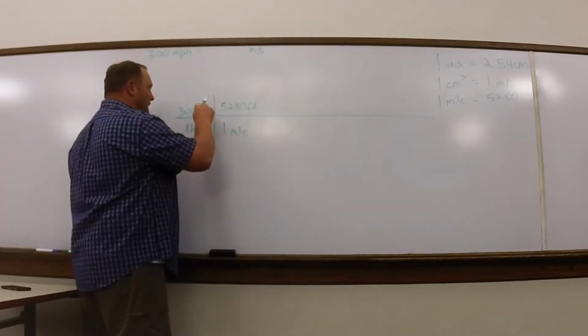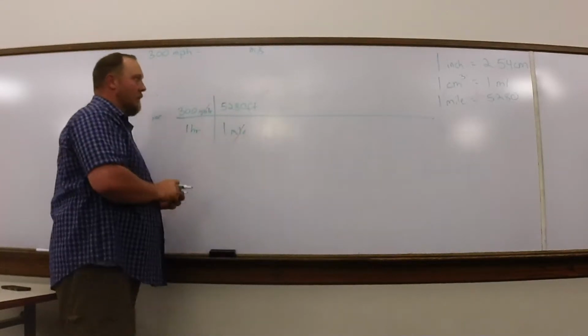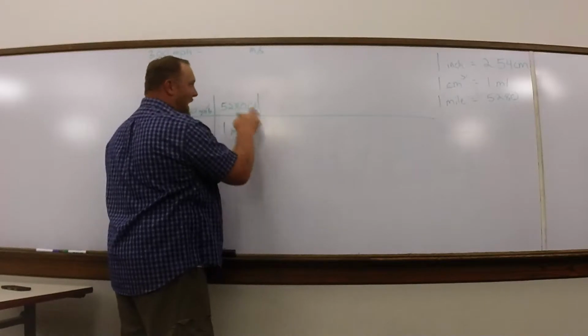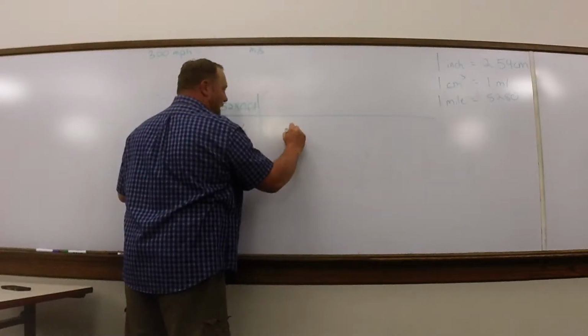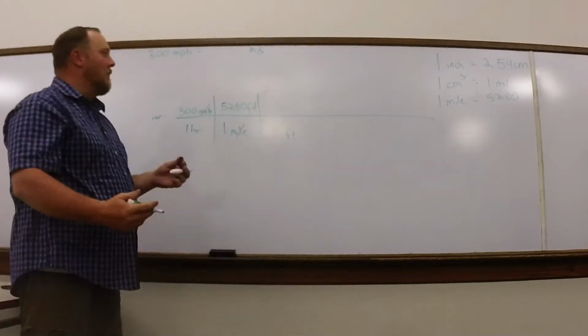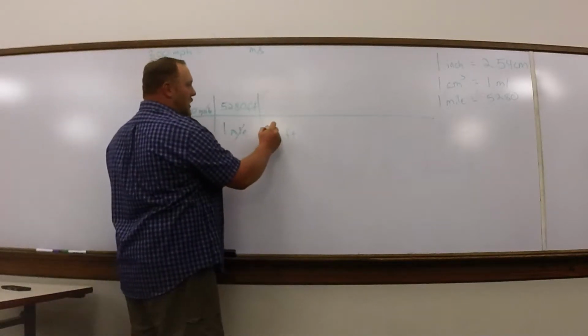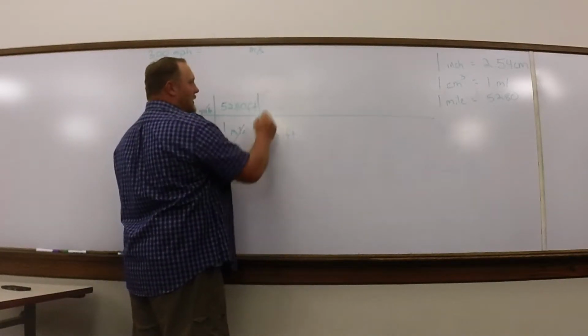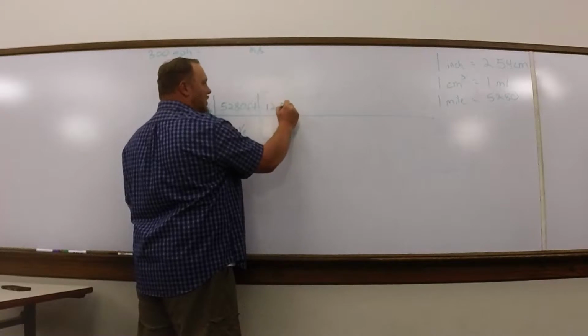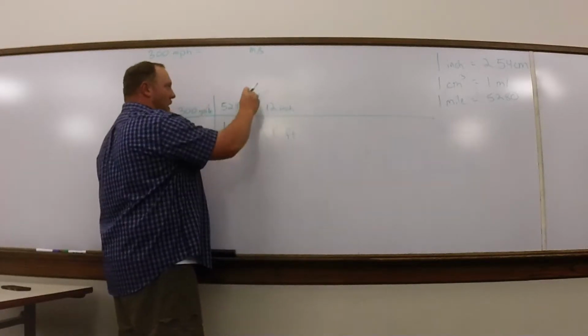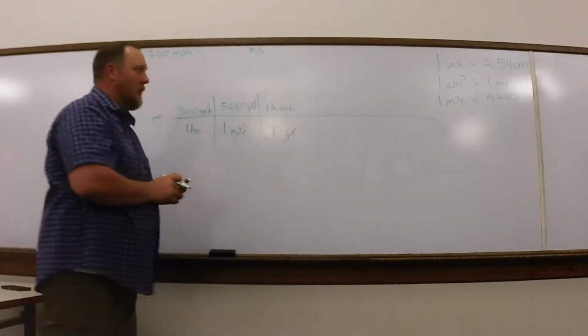We can cancel out mile. Our next conversion, we have to get rid of feet. So we got feet down here, and we need a conversion. Well, we know for every 1 foot, there are 12 inches. We can cancel out foot.